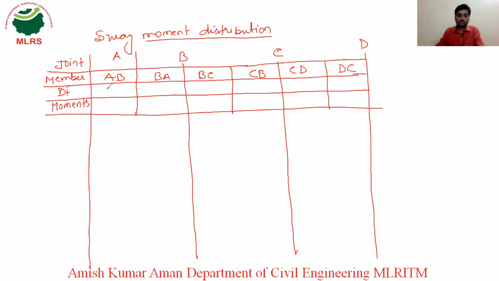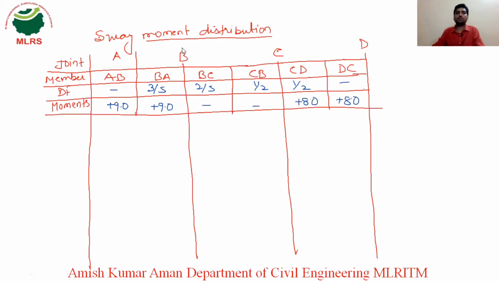Now the distribution factor. We will add the distribution factors: 3/5, here 2/5, 1/2, 1/2, nothing. Moments: for AB we got 9, for BA also we got 9, for BC nothing, for CB nothing, for CD plus 8, and here also plus 8.